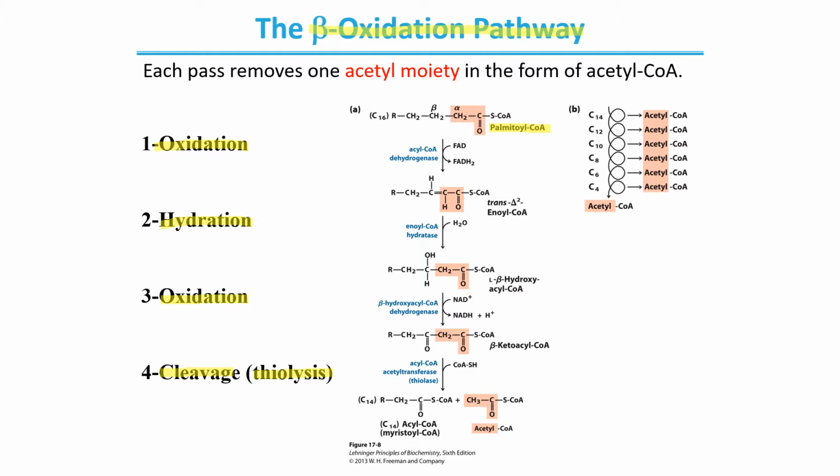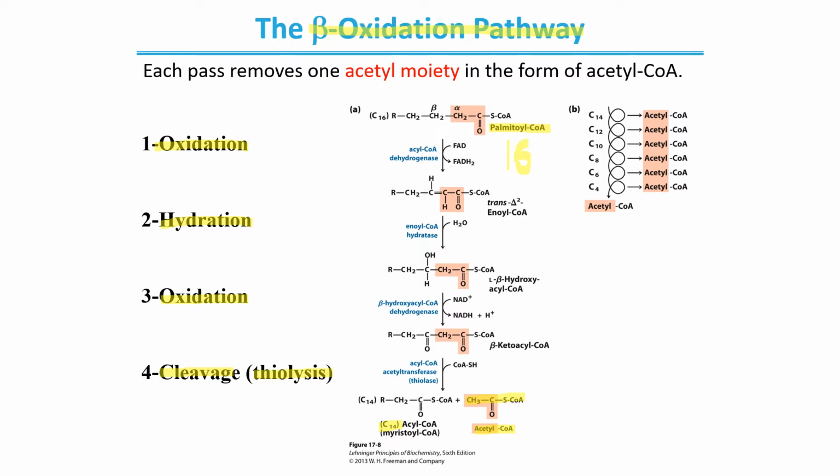So we start off with the 16 carbon palmitic acid, and at the end of these four reactions we have removed two carbons from it in the form of this acetyl-CoA molecule, and the remaining fatty acid has only 14 carbons in it.